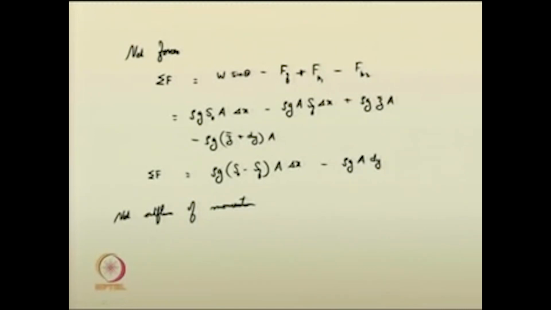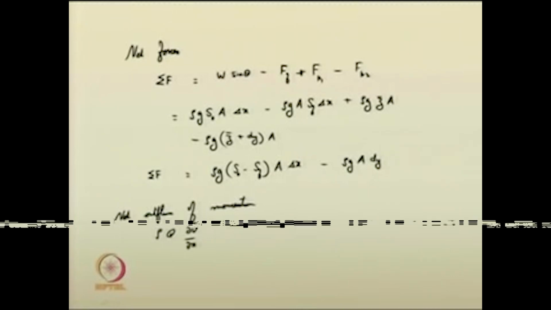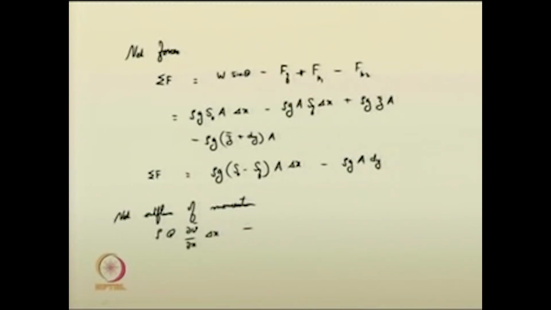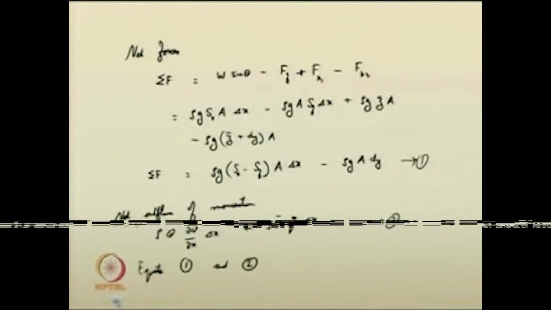If you recall, we had earlier given that as rho Q dou v bar by dou x into del x plus rho v bar Q star into del x. So, these two quantities, 1 and 2, have to be equated.